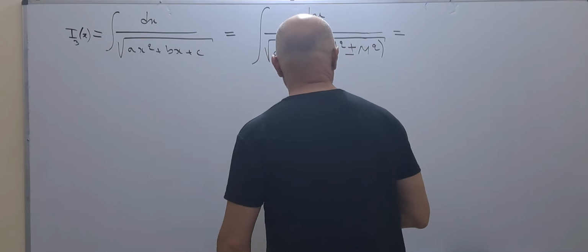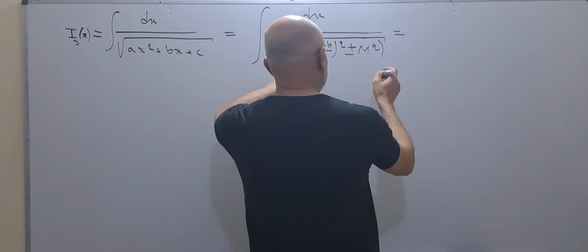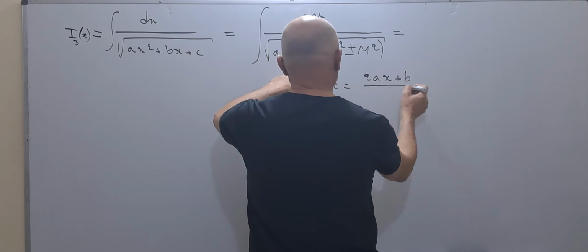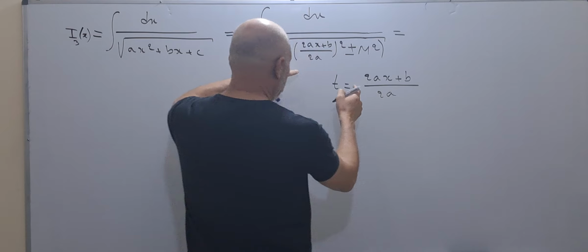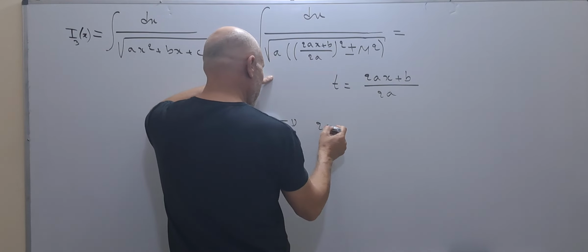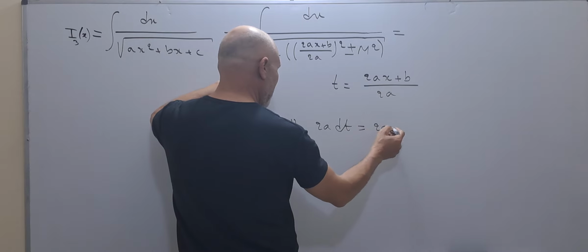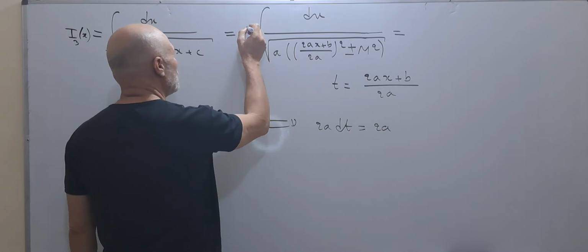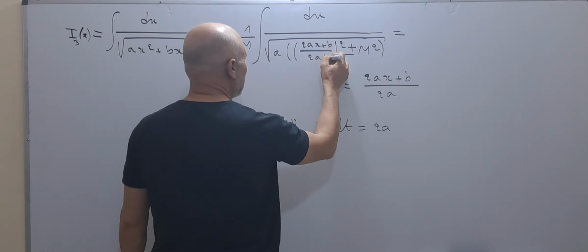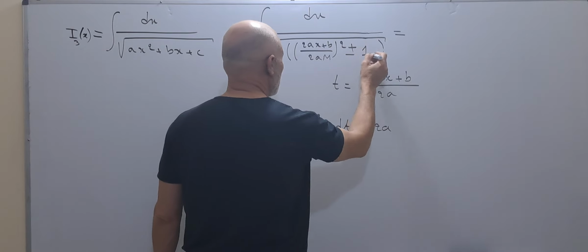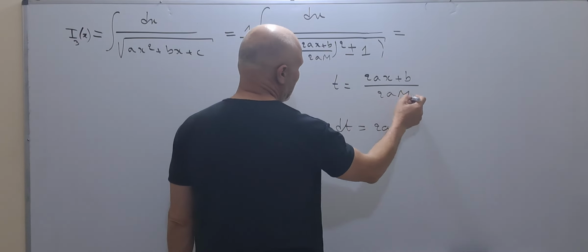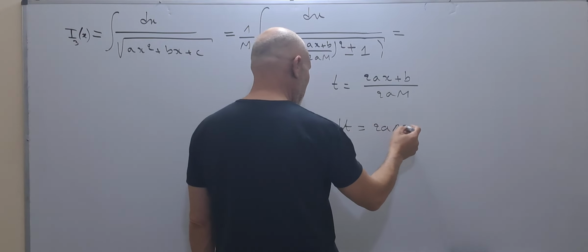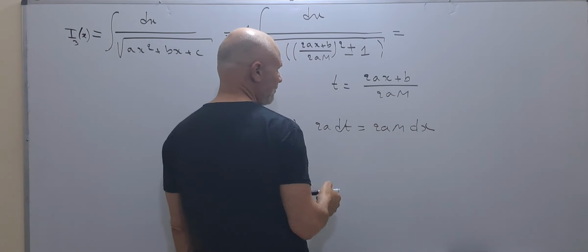This is equal to, let us put the change of variable t equal to 2ax plus b over 2a, divided by m. Then this gives us 2a dt equal to 2a times m dx, and here we get plus or minus 1. Let us take this change of variable as more accurate.